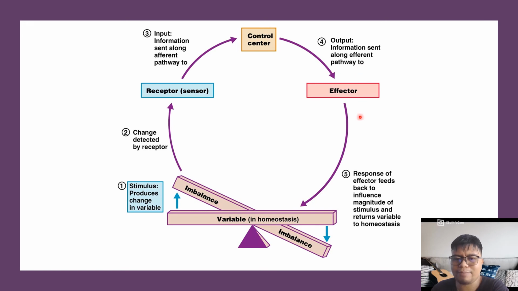So here we have now the response. The response of effector feeds back the influence, magnitude of stimulus, and returns variable to homeostasis. The response is always to bring back the imbalance to homeostasis, or to balance. From an imbalanced state, the goal is to bring it back to normal.